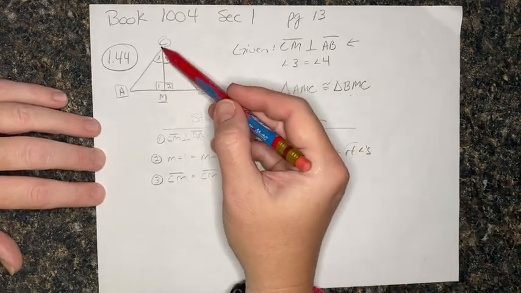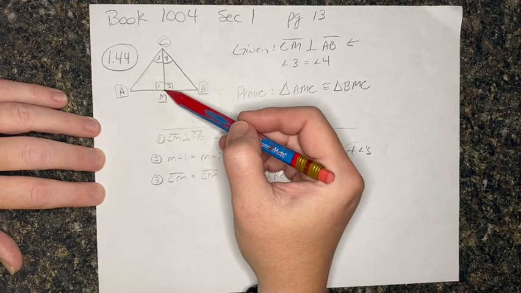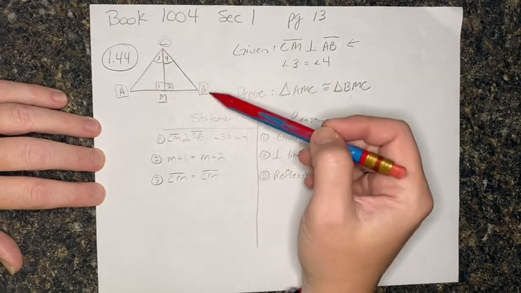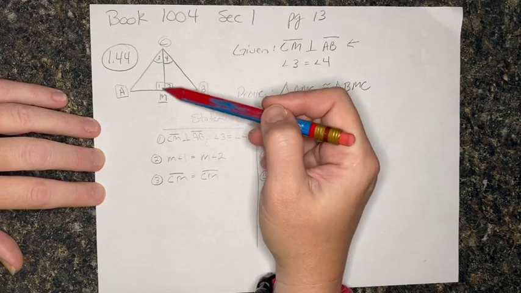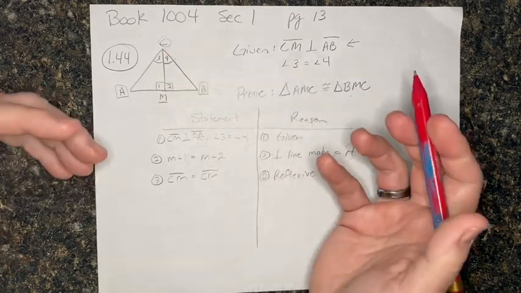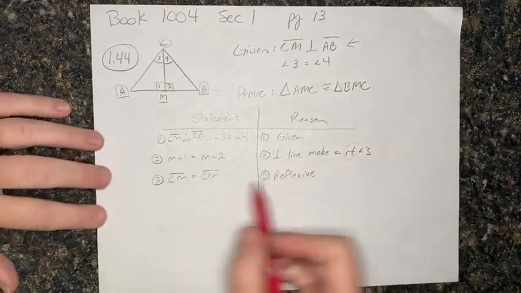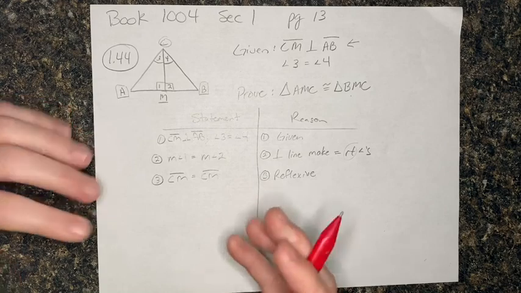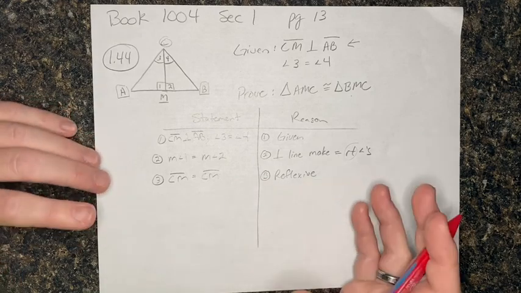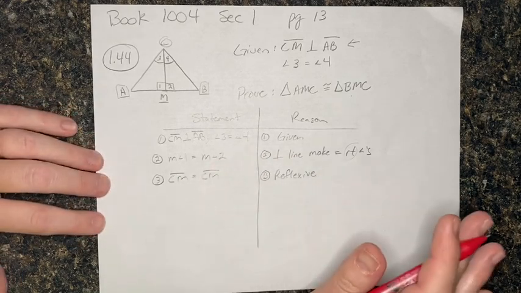Okay, if we look at it, CAM is congruent to CBM. They share this side, so it has to be the same length because it's only one side. It's called the reflexive property. CM is equal to CM. They share it, and that's a reflexive, okay, is the reason for that.